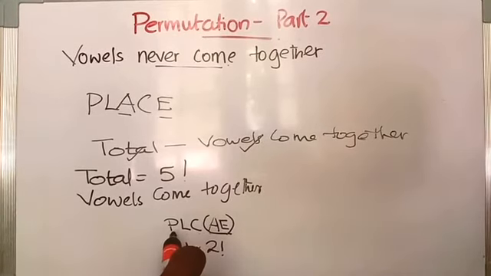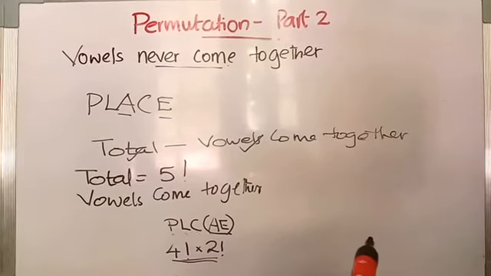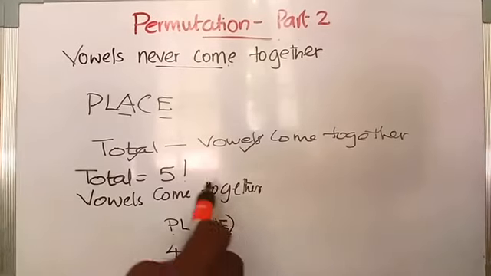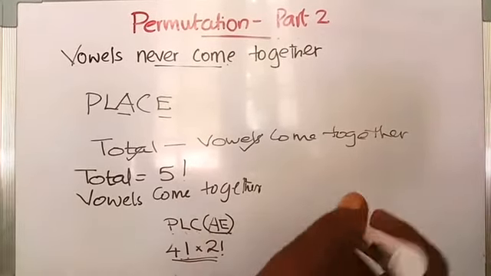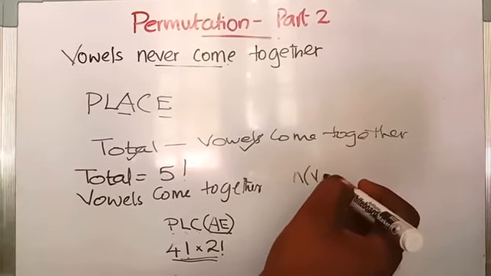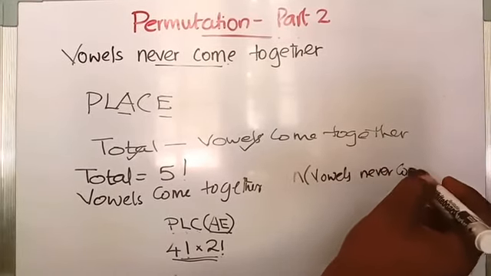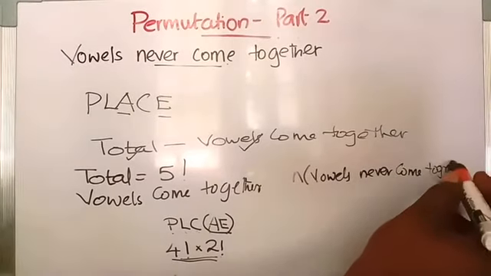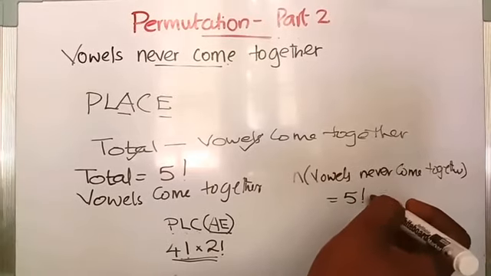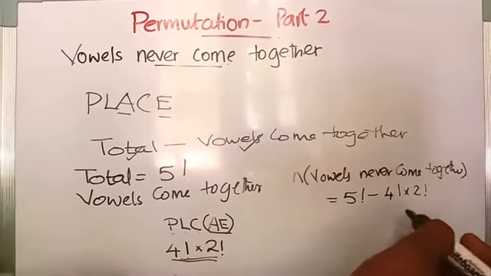And now you have to check whether any letter is repeating. No letter is repeating. So vowels come together can be arranged in 4 factorial into 2 factorial ways, and the total arrangement is 5 factorial. Therefore, the number of arrangements where vowels never come together is 5 factorial minus 4 factorial into 2 factorial.